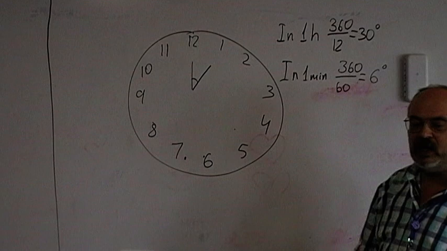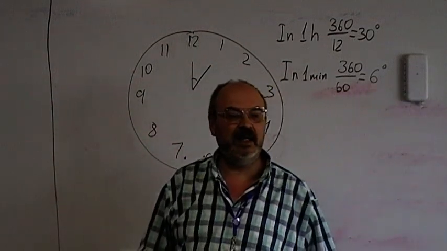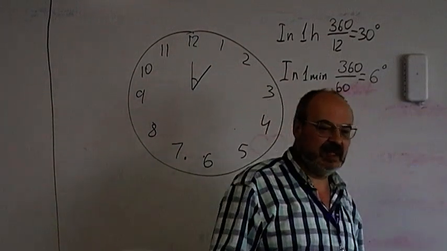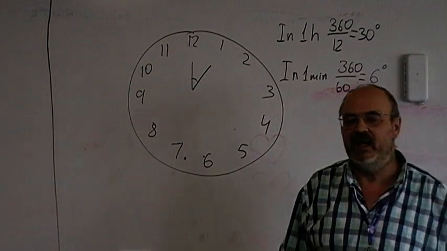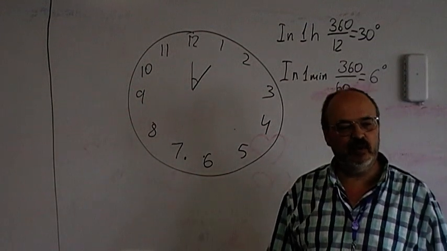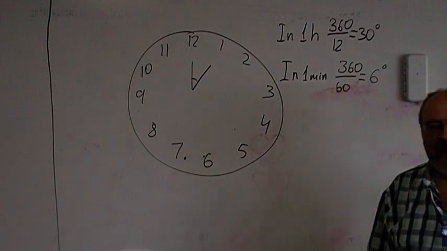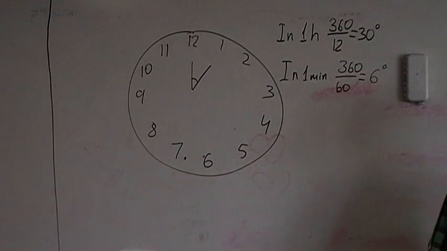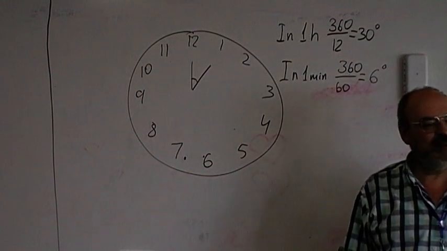So the minute hand in 1 minute moves 6 degrees.